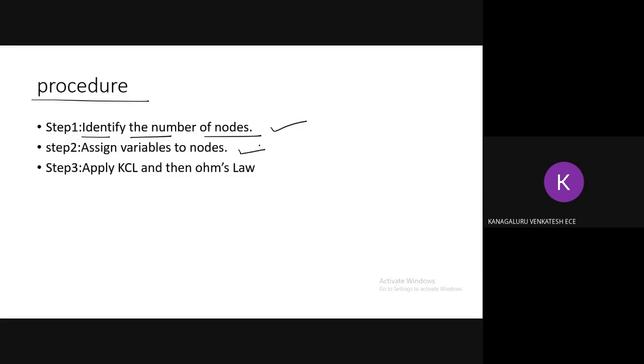For example, if I identified two nodes, I mention them as V1 and V2, or VA and VB, or Vx and Vy. It could be any notation. After assigning the variables, we apply KCL and then Ohm's law. Then you will get a nodal equation.